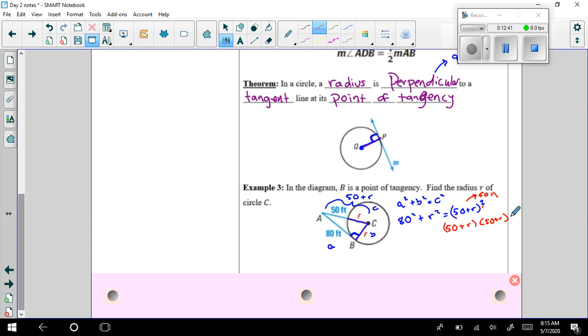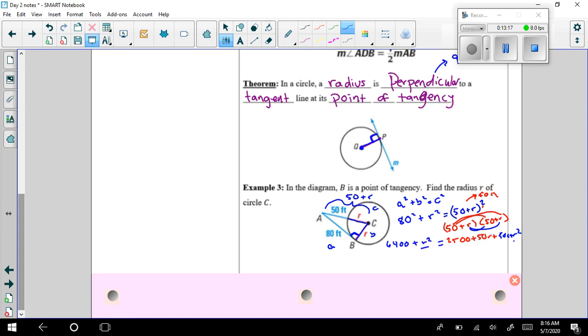So 50 times 50 plus 50 times r plus r times 50 plus r times r. Didn't leave myself enough room there. So sorry that's so sloppy. Hopefully you're listening. And then over here we have 80 squared, so 6,400 plus r squared.